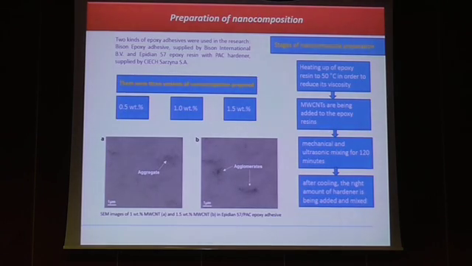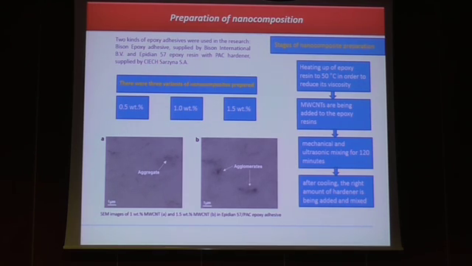We used these nanotubes to prepare an epoxy adhesive composition, and we prepared this composition in the following stages. The epoxy resin was heated up in order to reduce its viscosity, then the proper amount of carbon nanotubes was added.